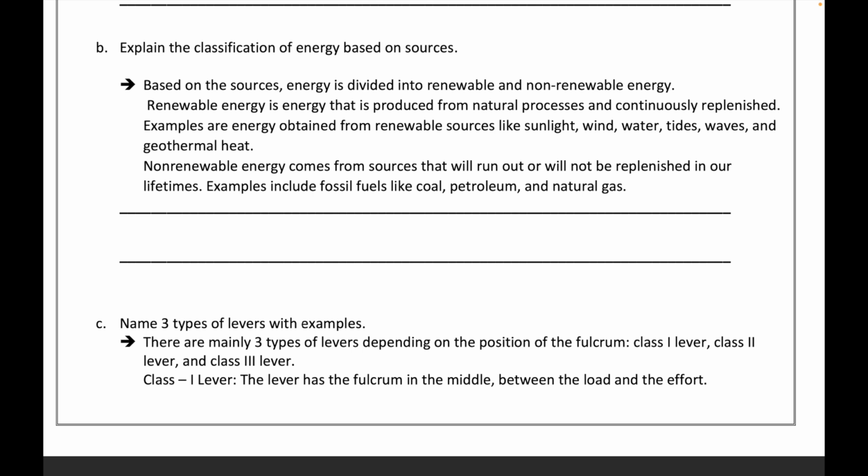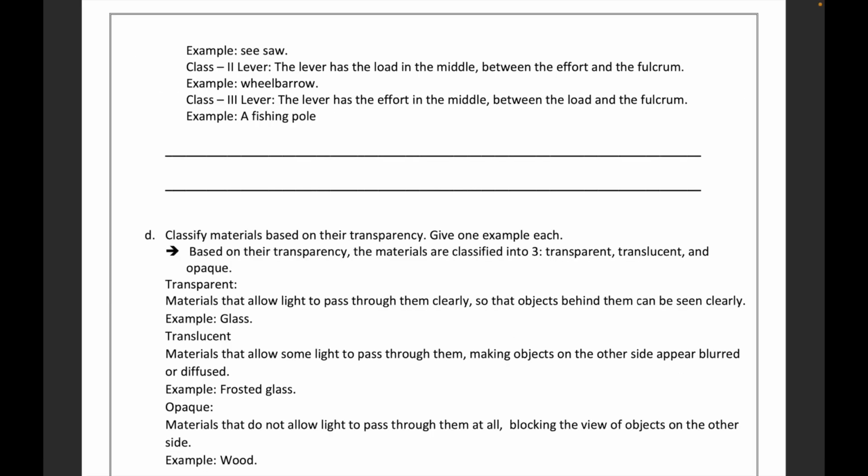Next is name three types of levers with examples. There are mainly three types of levers depending on the position of the fulcrum: class 1 lever, class 2 lever, and class 3 lever. Class 1 lever: the lever has the fulcrum in the middle between the load and the effort. Example, seesaw.